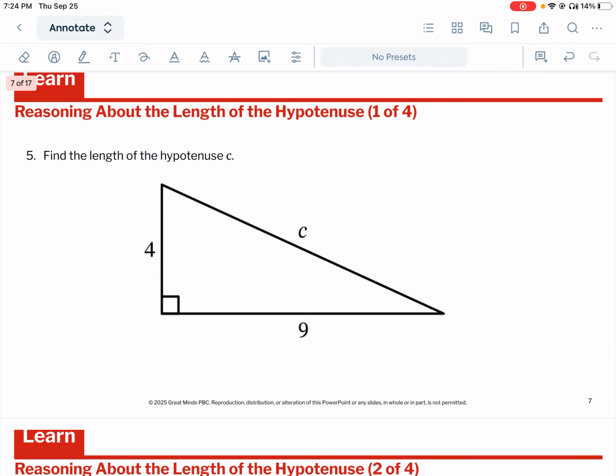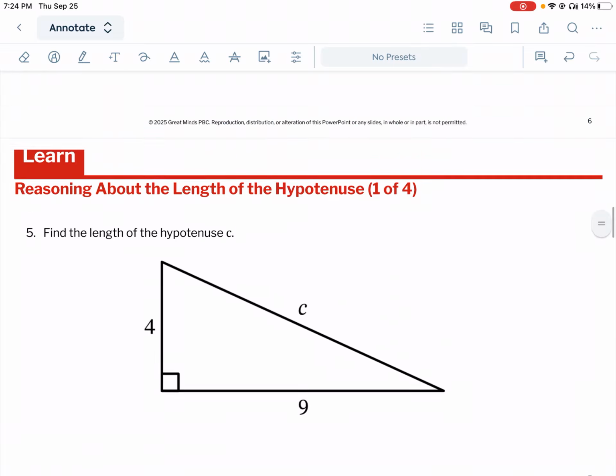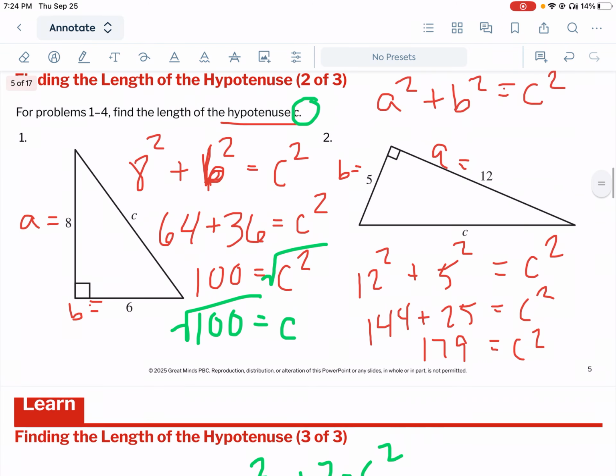Here, we're going to get into reasoning about the length of a hypotenuse. All reasoning means is that we're not going to have a perfect square value for our hypotenuse length. Like how it was for, what number was this? Number 1.